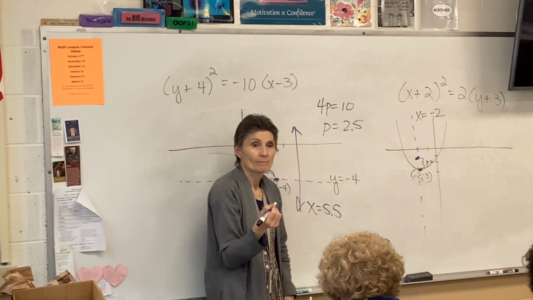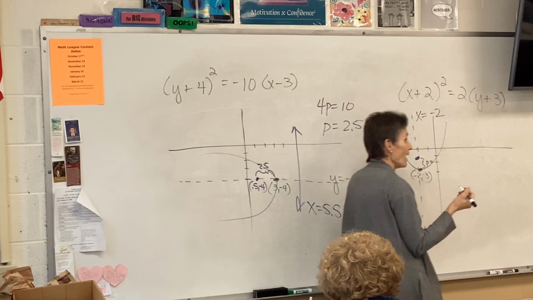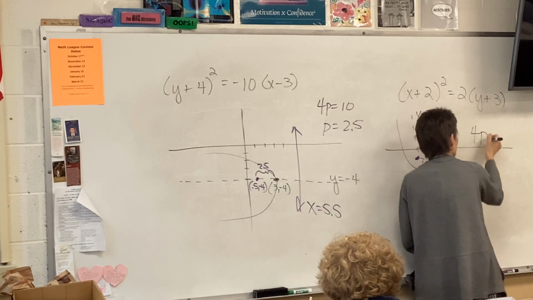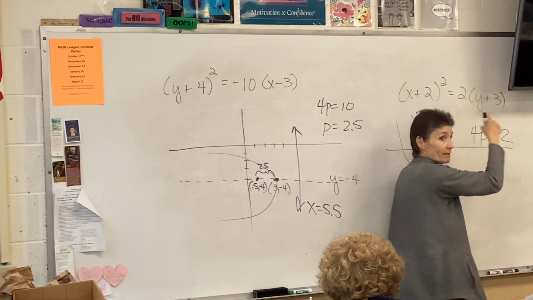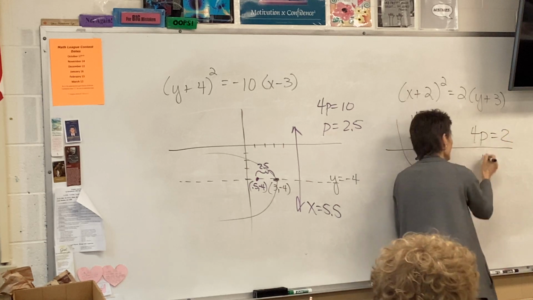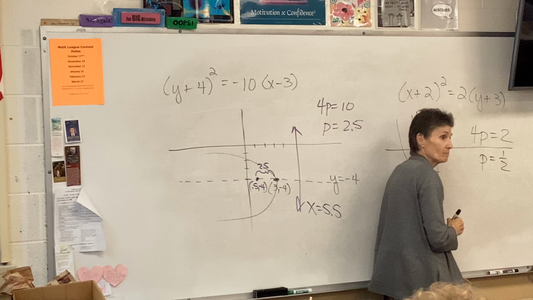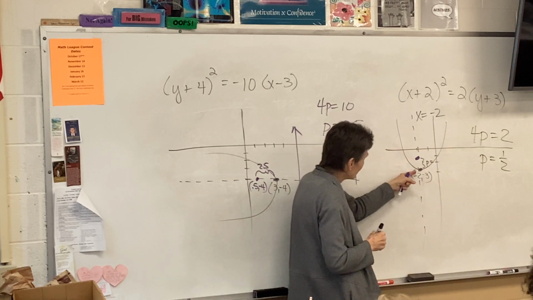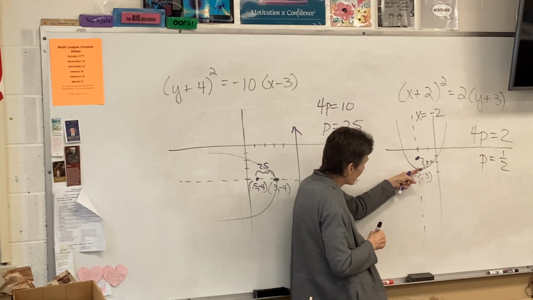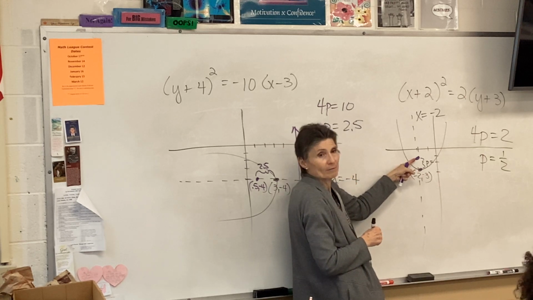I went up a half in the focus. You went up a half, because 4P is that number? And if 4P is 2, then P is a half? So Tyron, where did you end up if you started at the vertex and went up a half?